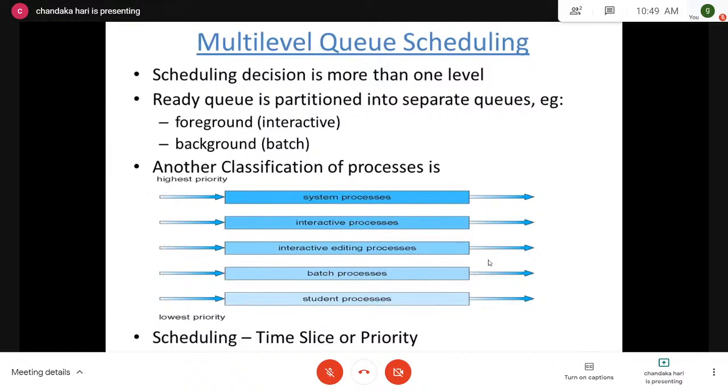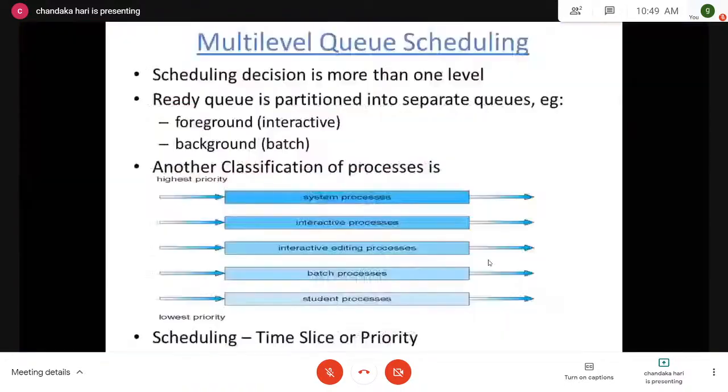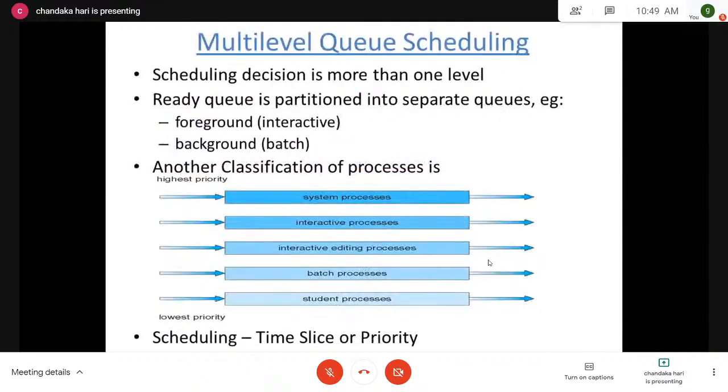Number 2, IO queue. Each and every IO device will maintain one queue that is called the IO queue. And job queue. There are several kinds of queues. Your CPU is responsible for scheduling the jobs on each and every queue.